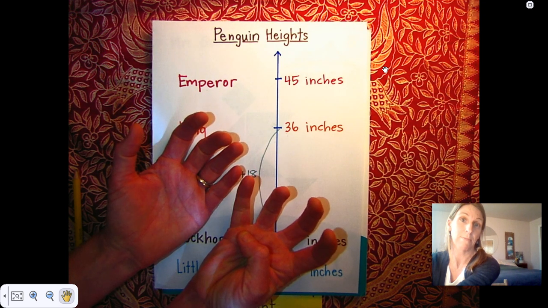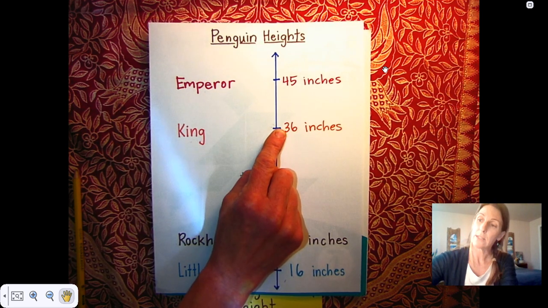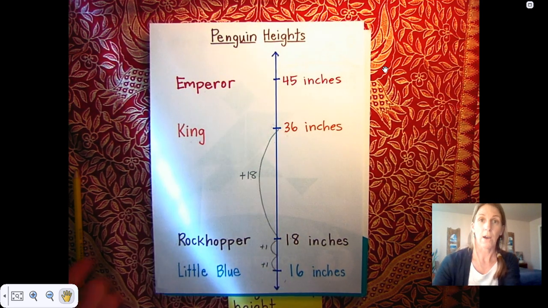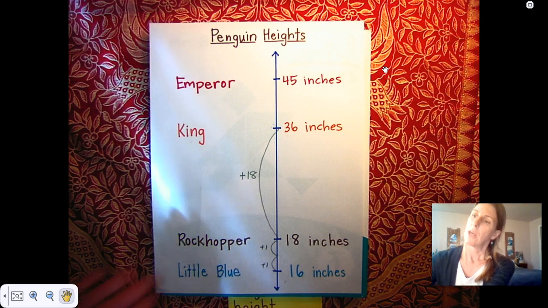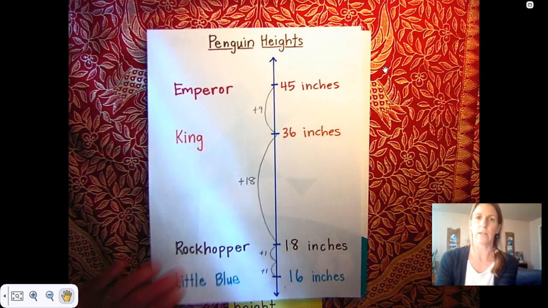How many fingers? 9. That's right. From 36 to 45, 9 jumps. So I'm just going to do another big jump like that, and I'm going to say plus 9.